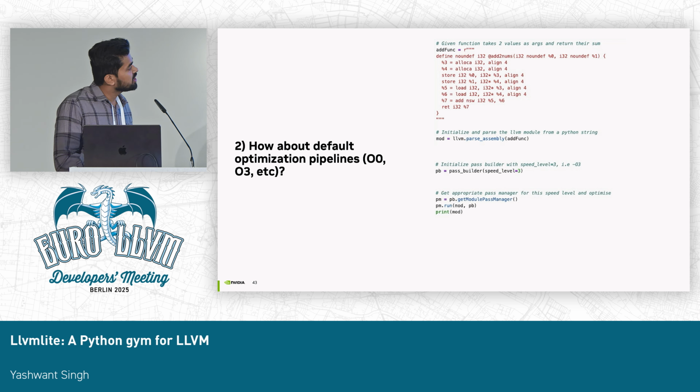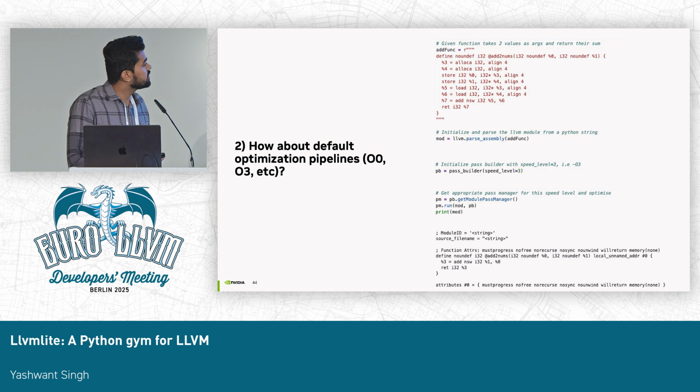We'll query the pass builder object to give us a pass manager object. This will return a pass manager object with all the passes initialized for the O3 optimization level. We'll call the run function on it, and this is the output. As you can see, the output is significantly different than the input. This was the O3 pipeline.